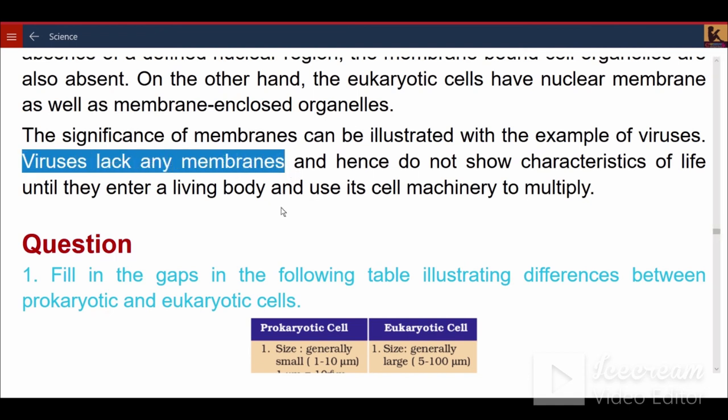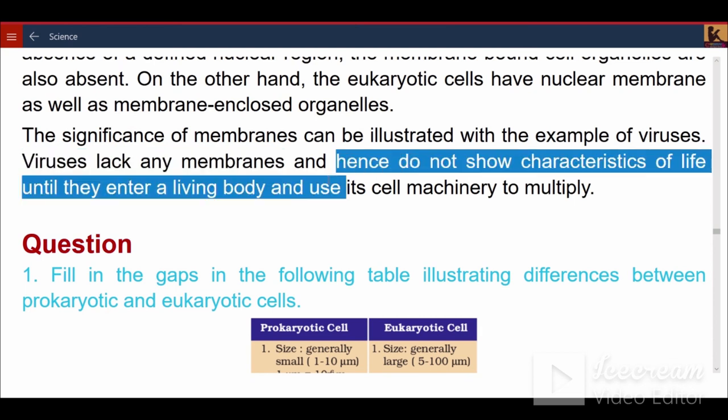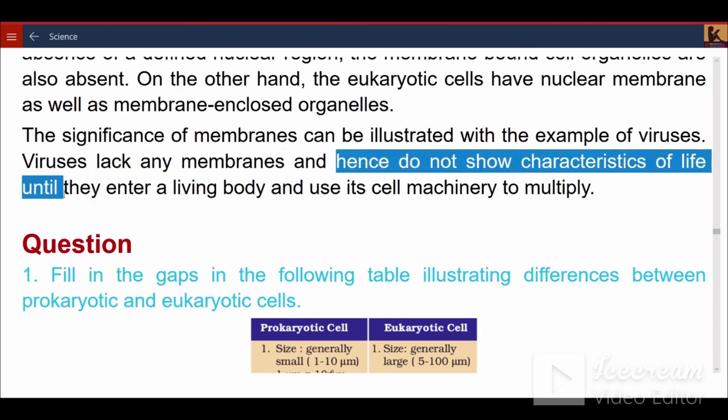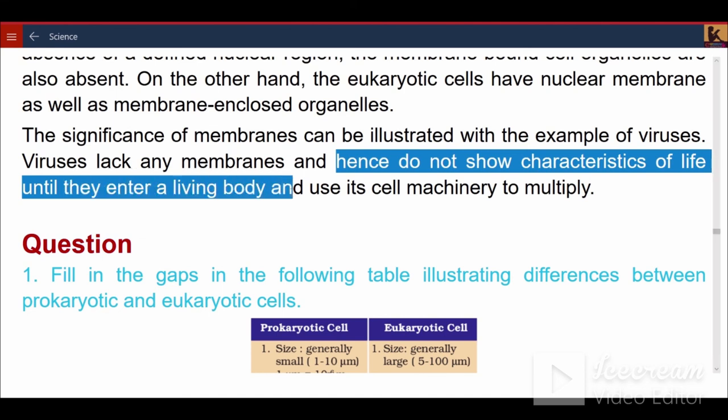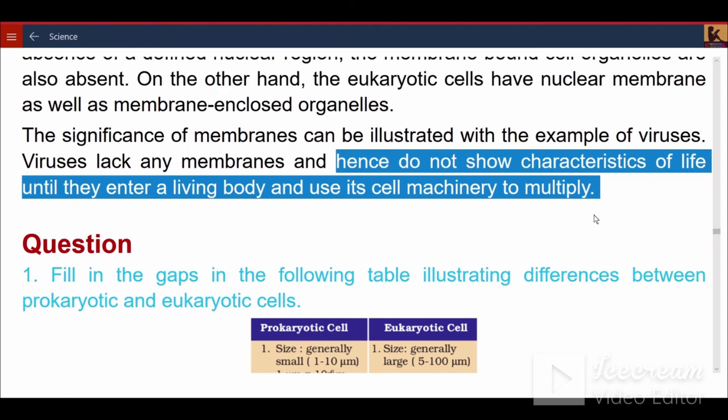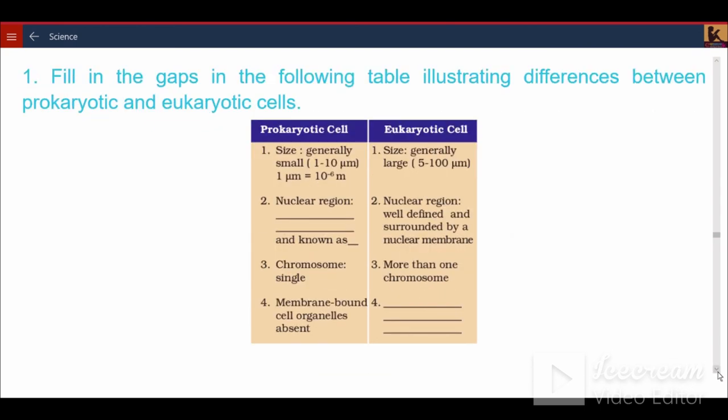These are microorganisms which don't have membranes and hence do not show characteristics of life, and when they do not have a proper environment, they lie just like a dead log, but when they enter a living body, they just multiply. So here you can see the difference between prokaryotic and eukaryotic cells.